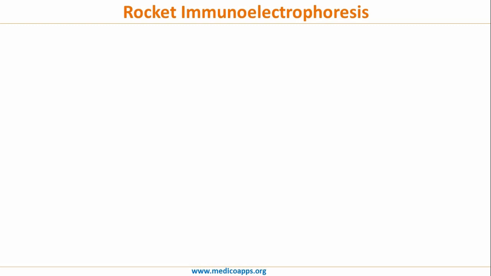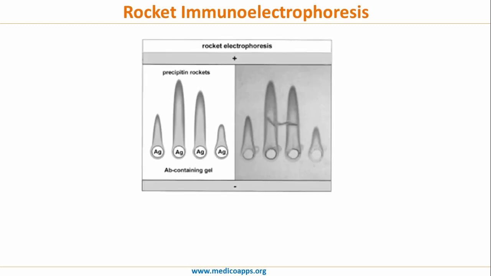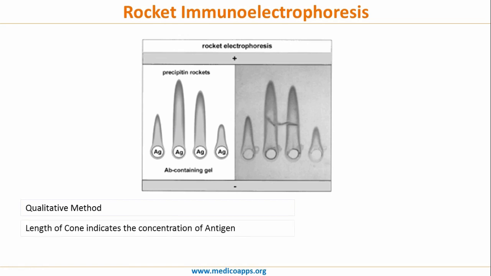The last example would be rocket immunoelectrophoresis. These are the rockets. Here the antibody is in the gel, and then we put the antigen in these wells. It is a quantitative method in which the size of the rocket determines how much antigen is there, and the length of the cone indicates the concentration of the antigen.